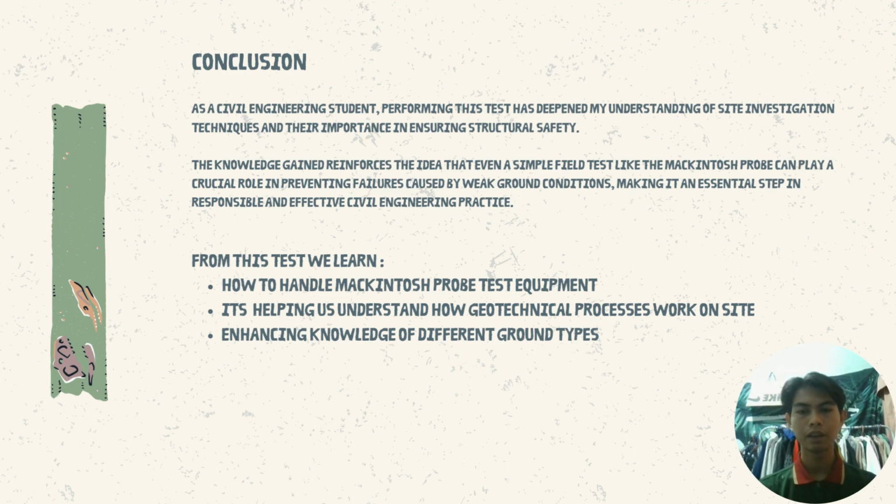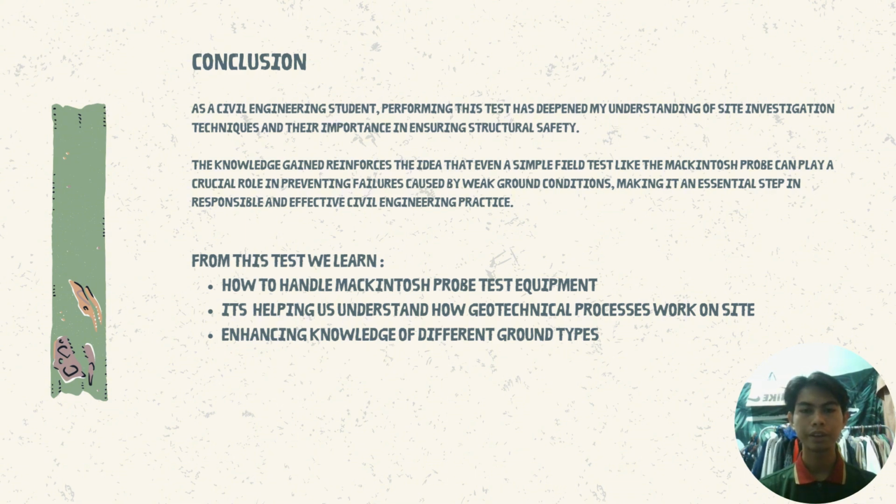And for the last, it enhances knowledge of different ground types, because this test was performed at the site, so we students had to observe, and we were exposed to a variety of soil types, so it gives a better understanding of soil behavior.